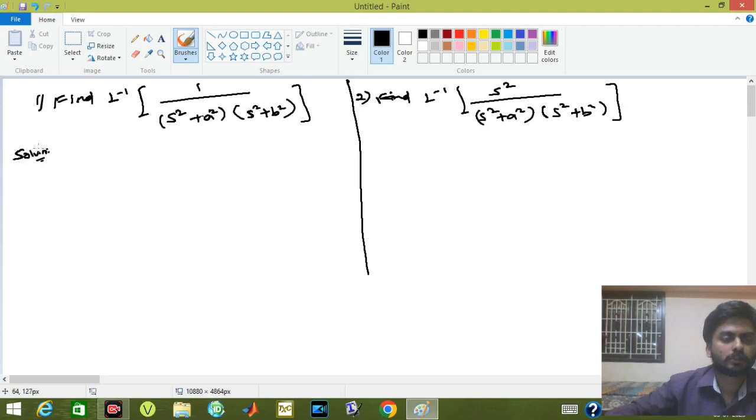Solution: what they have given is 1 by s square plus a square and 1 by s square plus b square. The denominator has multiple factors, that is two factors, whereas in the numerator we have only a single term, so we have to do a partial fraction.